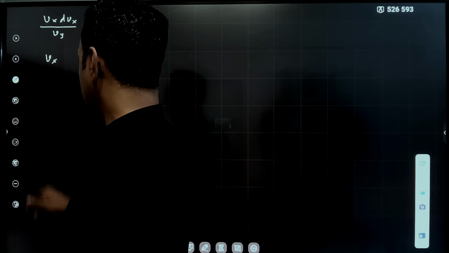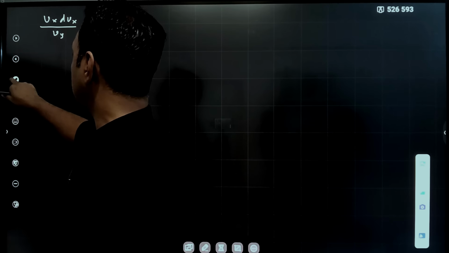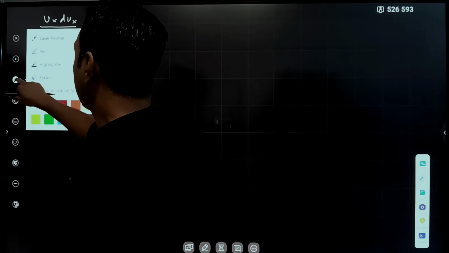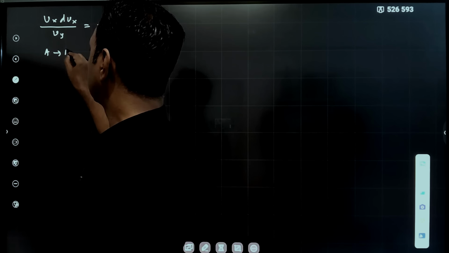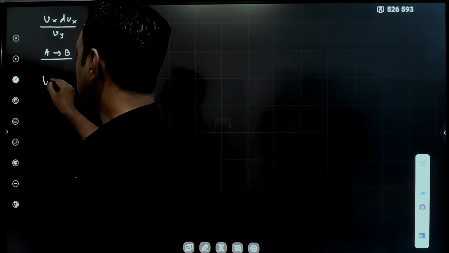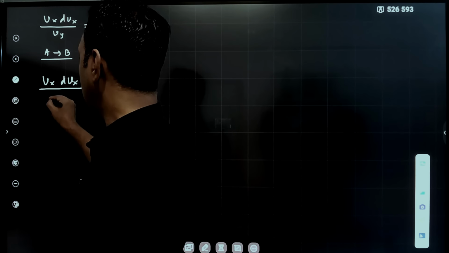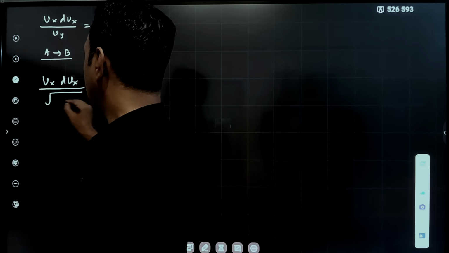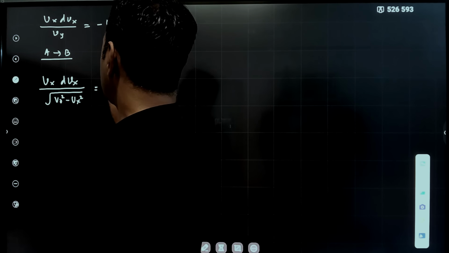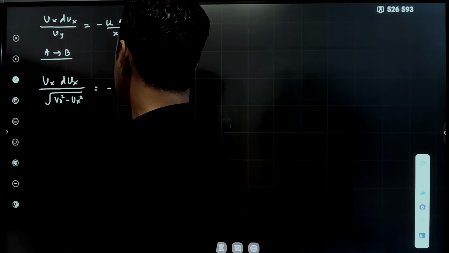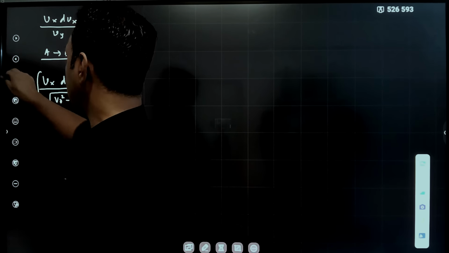So here, Vx dVx, first of all let me do it for A to B. So for A to B I am writing Vx dVx divided by the square root of V naught square minus Vx square, equal to minus u dx by x, and then we'll integrate and see the limits.